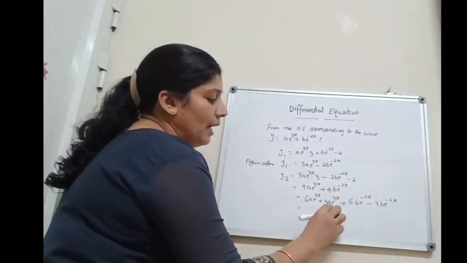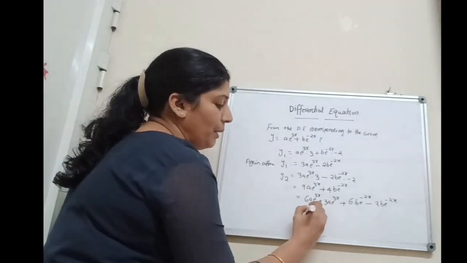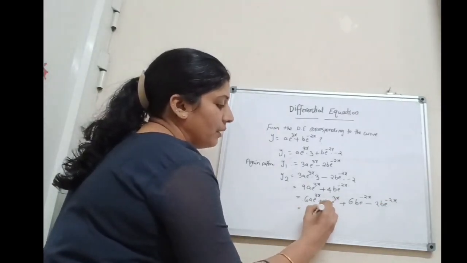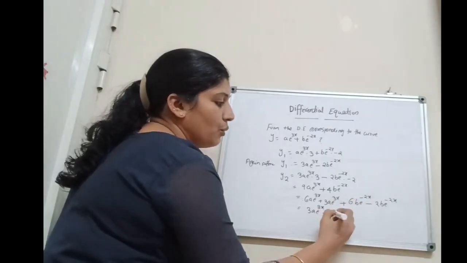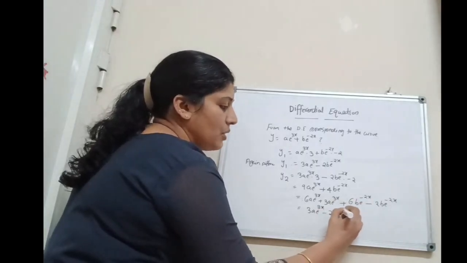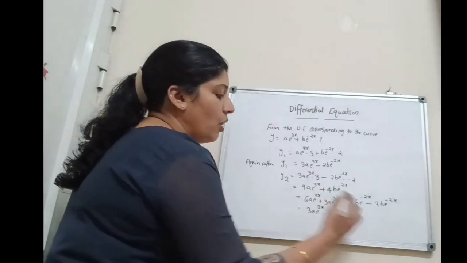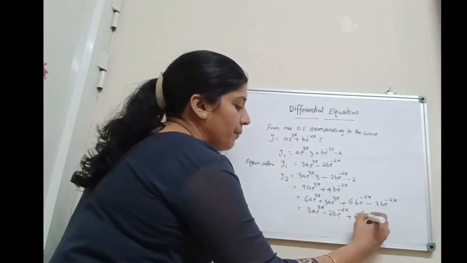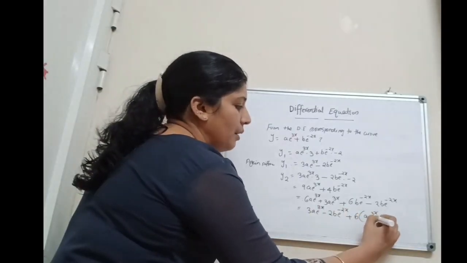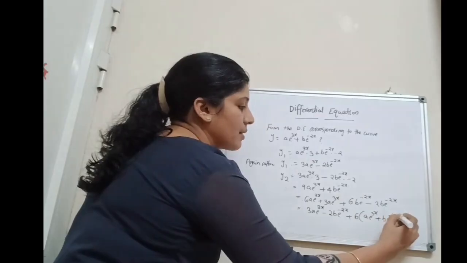Grouping 3a e raised to 3x minus 2b e raised to minus 2x, plus 6 is common, so take it as a common factor: 6 into a e raised to 3x plus b e raised to minus 2x.